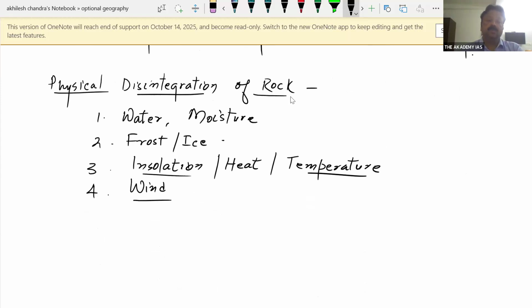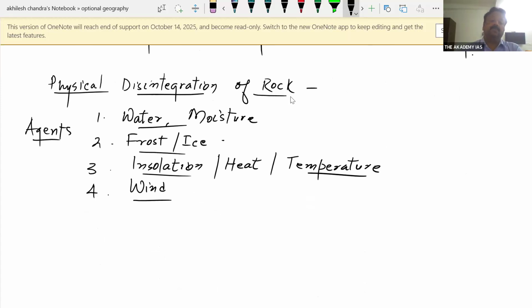That is also going to cause weathering. And wave and glacier, they are also the agent of disintegration, but they are going to cause erosion. Fine. So physical disintegration or physical weathering is performed by these agents, physical agents.